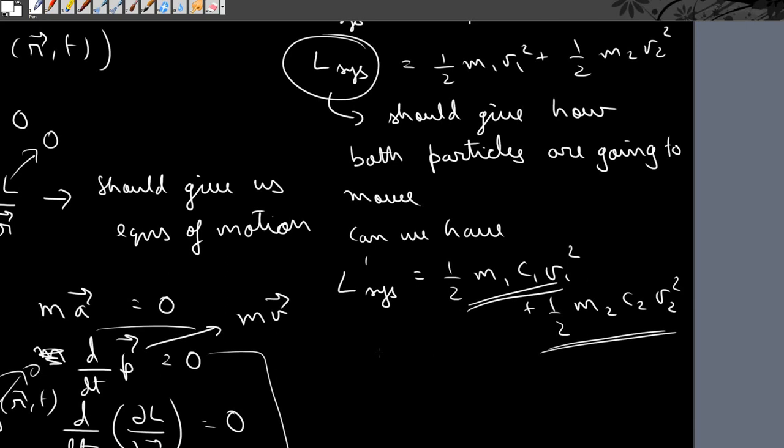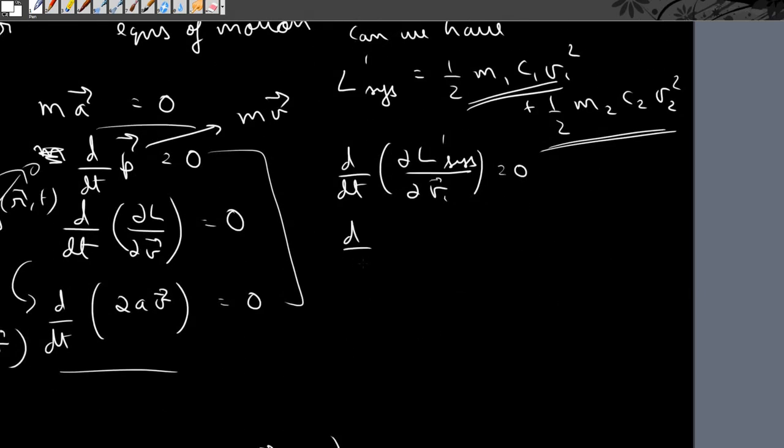Okay, so if we solve the Euler-Lagrange equation for this, what are we going to get? We'll get two sets of equations: d by dt of dou L dash system by dou V1 equal to 0, and d by dt of dou L dash system by dou V2 equal to 0.